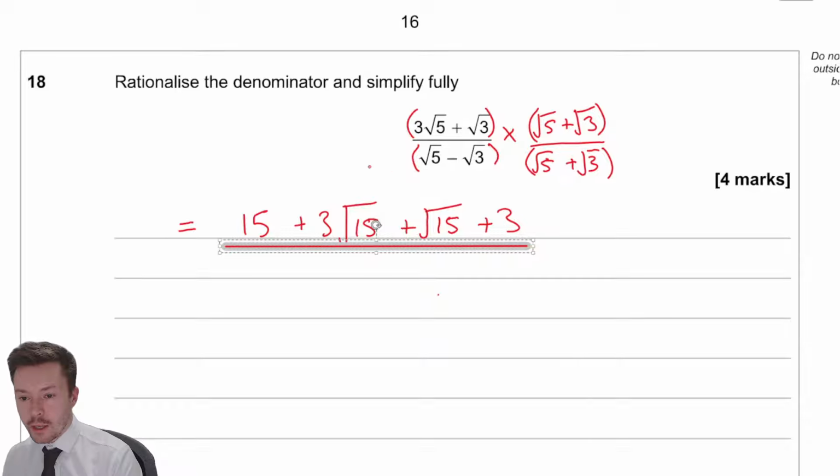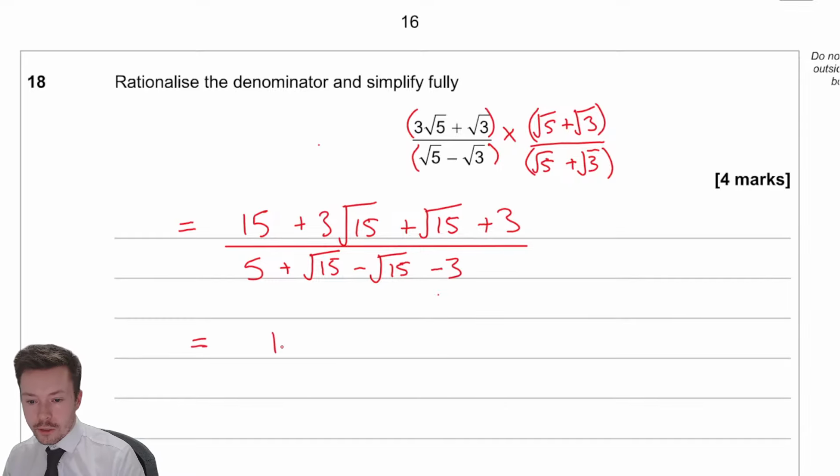On the bottom, we're going to get root 5 times root 5 is 5. Root 5 times root 3 is plus root 15. Minus root 3 times root 5 is minus root 15. Minus root 3 times root 3 is minus 3.